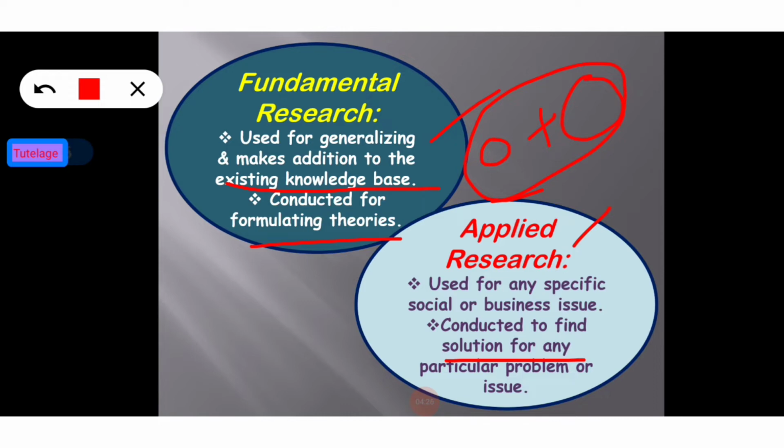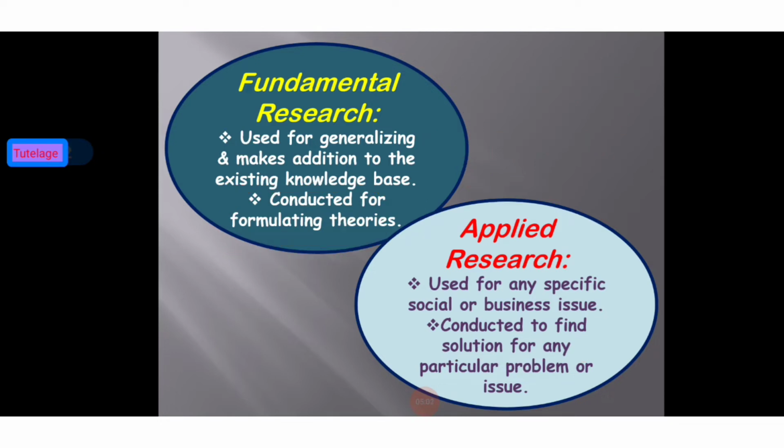So, fundamental research is conducted for formulating theories, so that's why it has greater scope of application than applied research, because applied research is conducted to find a solution for any particular problem and it is used for any specific social or business issue, so that's why it has smaller scope of application. So I think it is clear what is meant by fundamental research and applied research. So now move on to the next slide.